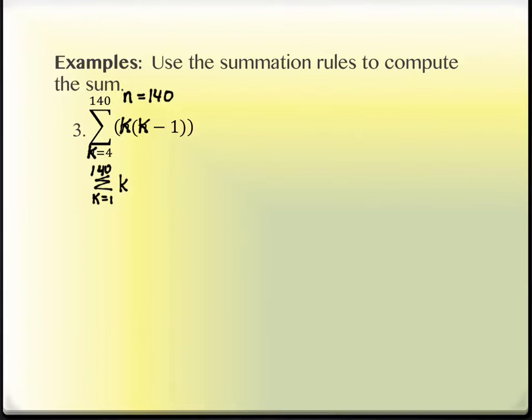So I've got k times k minus 1. Actually, let me multiply it out. This would be k squared minus k, right? But if I did that, I've introduced more summands than I had. I've added in an a1 and an a2 and an a3 that really aren't there. Agreed? I've added them in because I changed the 4 to a 1.